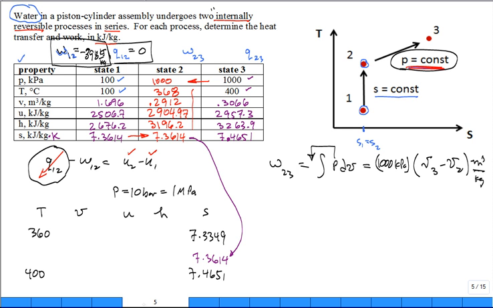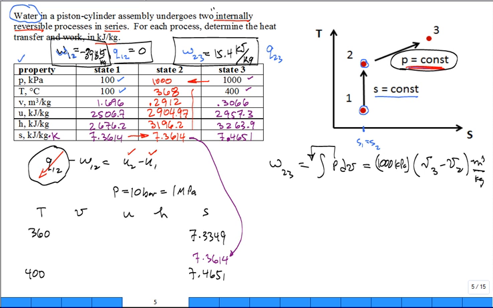All right. So this work 2 to 3, when I computed it, came out to be 15.4 kilojoules per kilogram. And then what about the Q 2 to 3? How do we solve for that one? First law for the process 2 to 3.